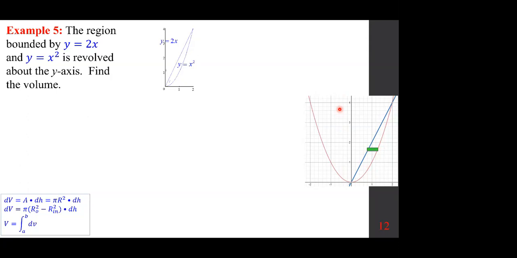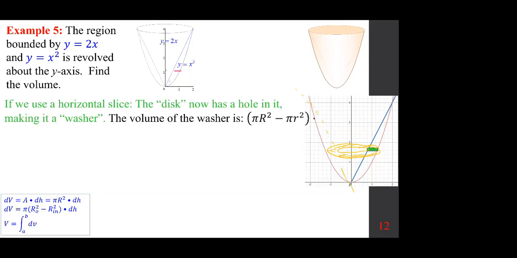So what happens is that this part is the inner piece. This is the outer piece, and it's generating not a disk. It generates what we call a washer, class. Take a look at that. This is the generation, and it is a washer. Take a look at the washer that it has generated.